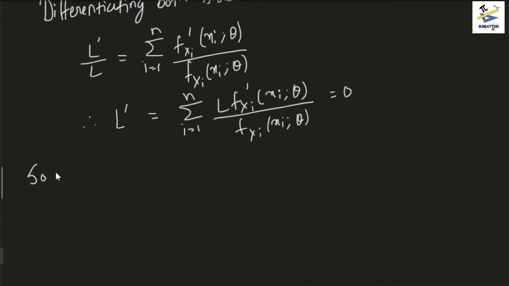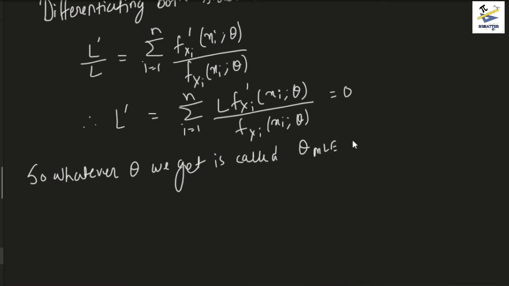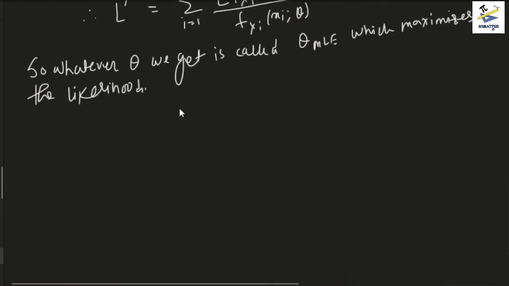So whatever theta we get is called theta MLE, which maximizes the likelihood. And we sure would see some example here, and that example would be this. The example is crucial to understanding what we are doing, because otherwise we would never know how to apply it.